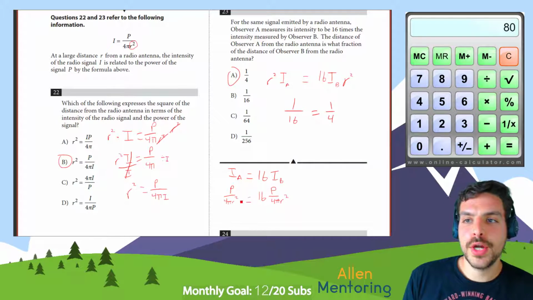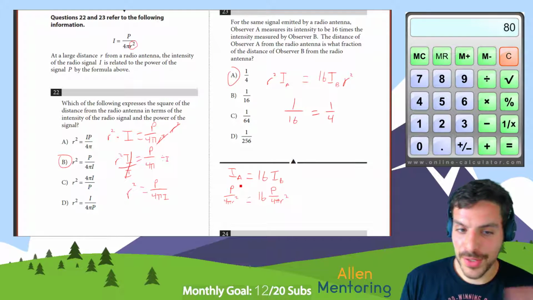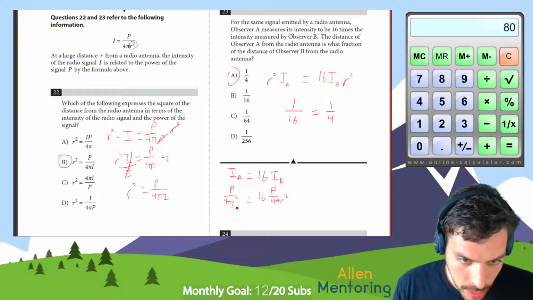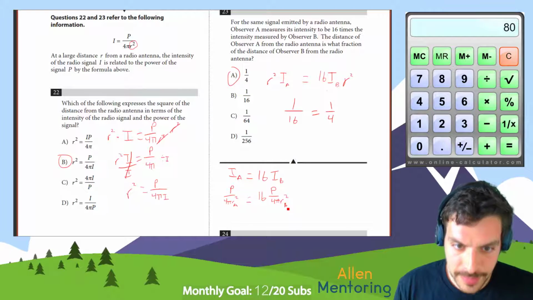And what I want to note is, remember, these r's are not the same. They're at different distances, right? So we just want to remember to label this one as RA and this one as RB.